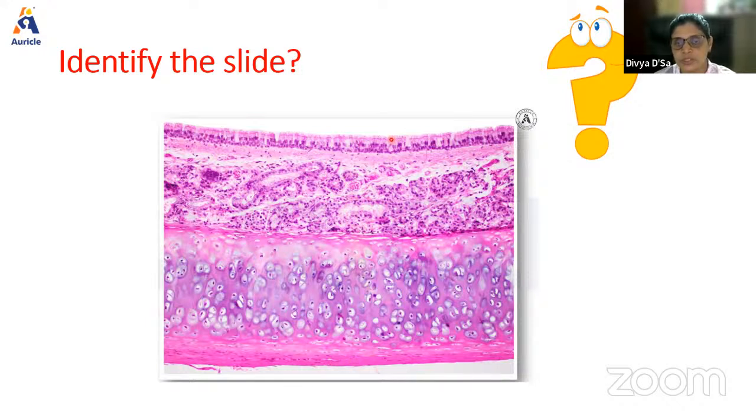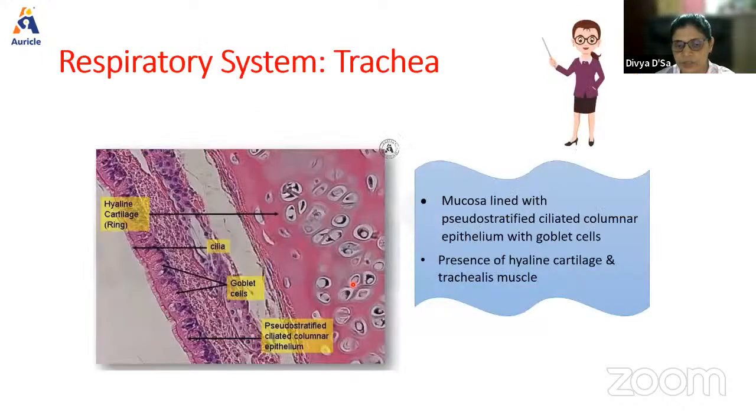The epithelium here is the pseudostratified ciliated columnar epithelium with goblet cells. That is the characteristic feature. Here we have some seromucous glands, and hyaline cartilage is present. C-shaped hyaline cartilage will be present when we see the cross section. And where the hyaline cartilage is absent, we will see the trachealis muscle.